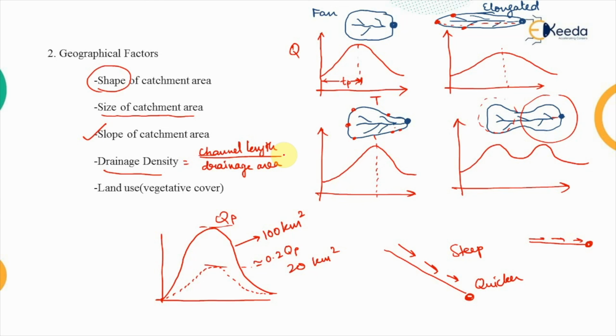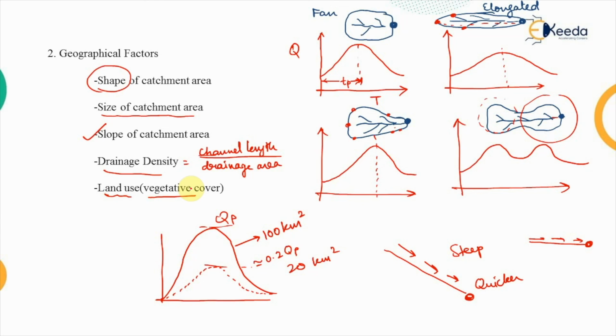And therefore, for a higher drainage density, we will get a higher peak, and the peak will be obtained at an earlier point in time. Then the last point is the land use or the vegetative cover. This acts as a hindrance to the flowing path of the runoff.